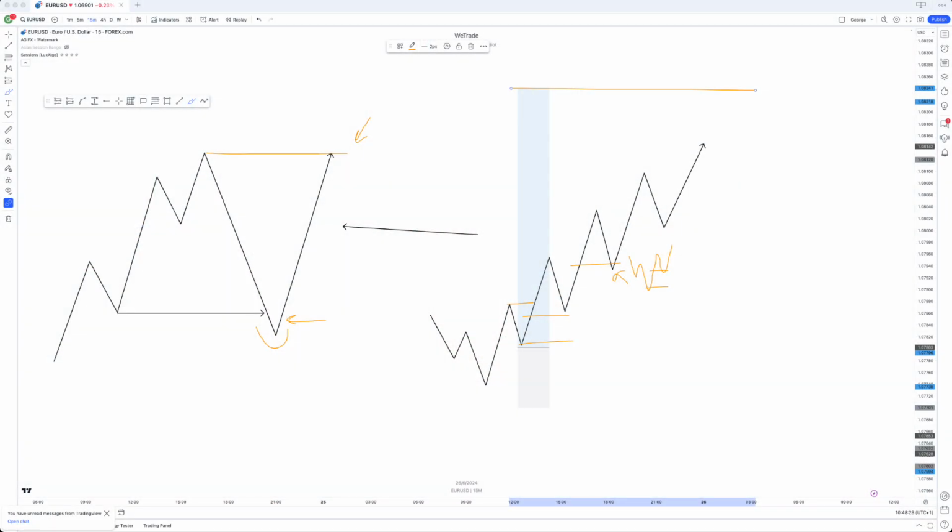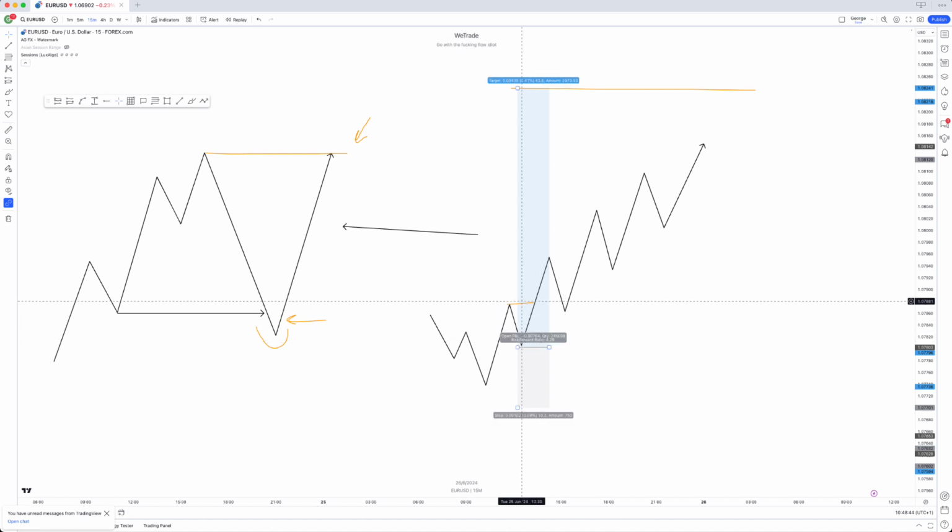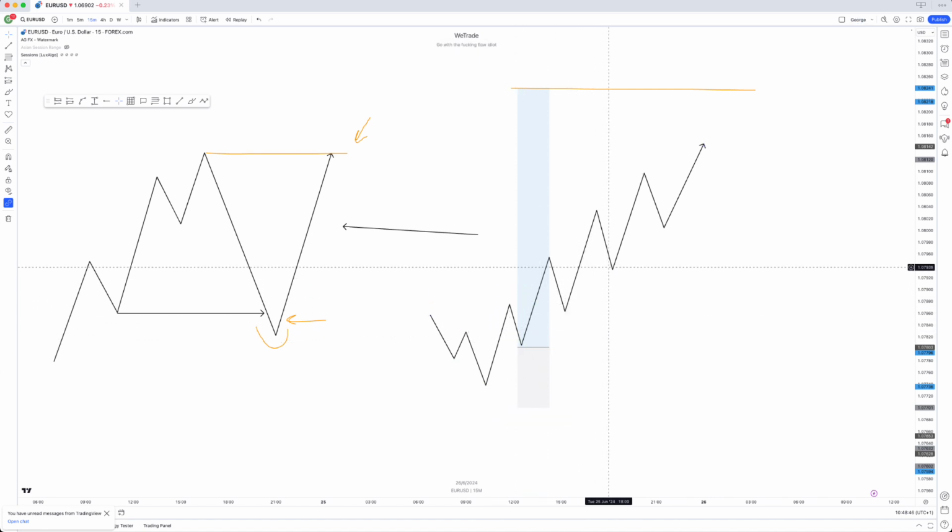So again, in this instance here, let's say, for example, let's just remove some of this. Let's get rid of this here. So let's just do an example here. I'll do a proper drawing.